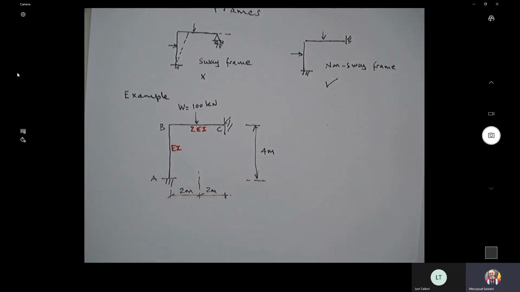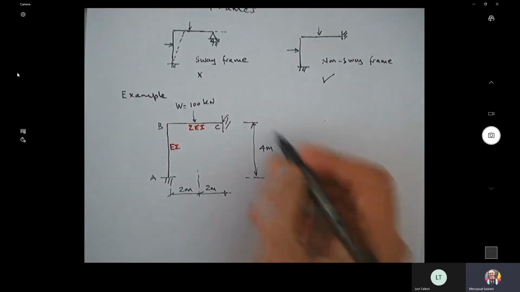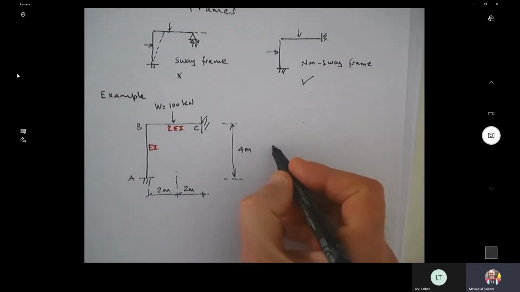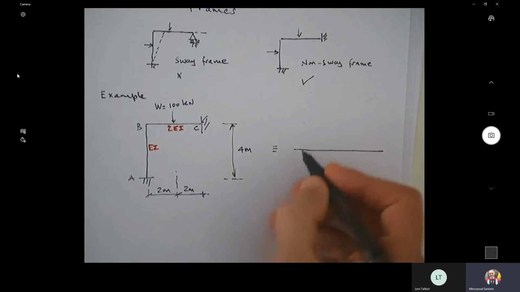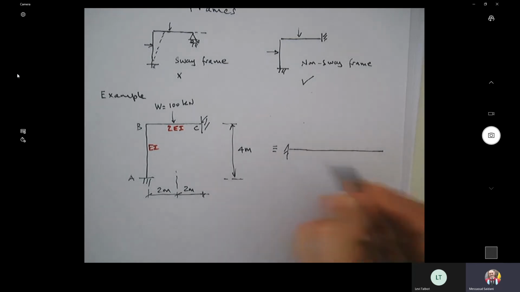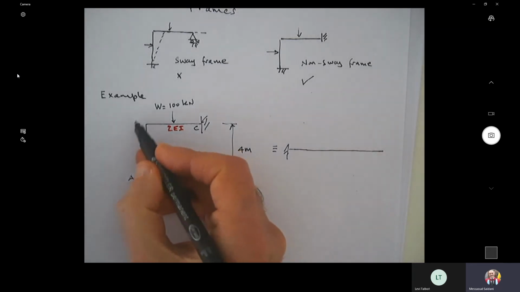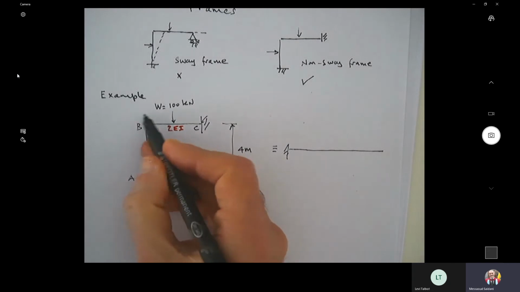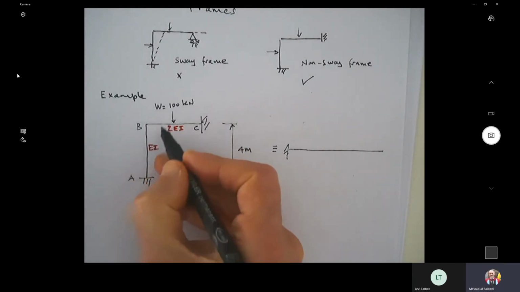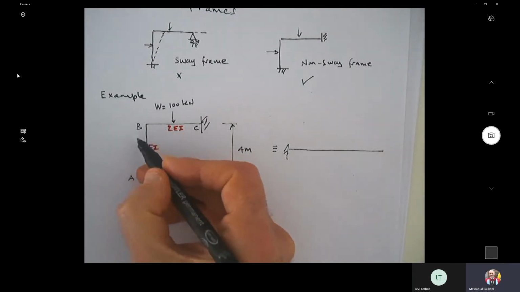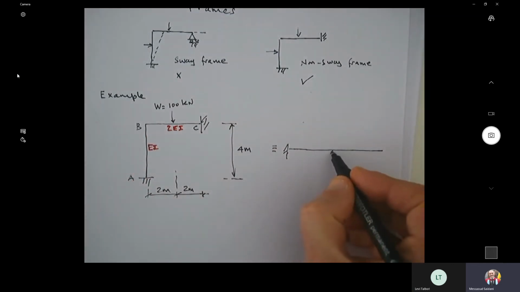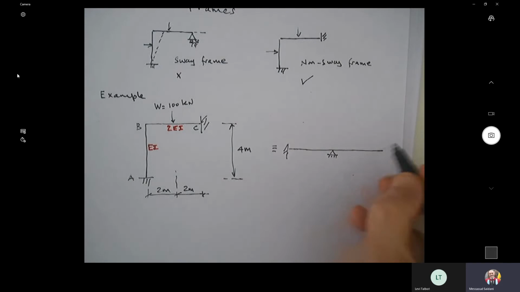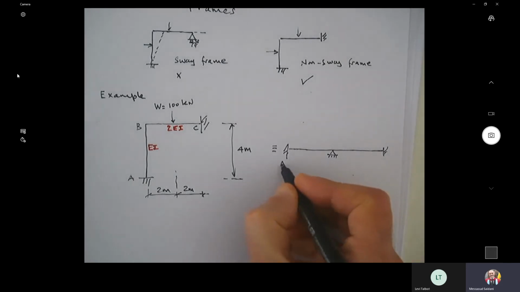In fact, this frame will be equivalent as if you had a continuous beam like this, with an intermediate support here.